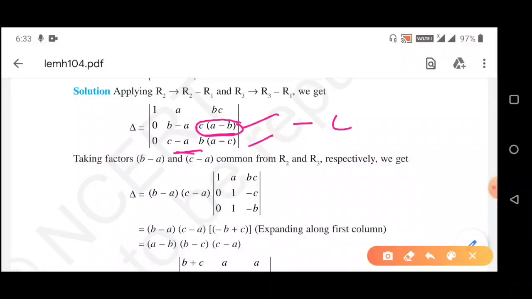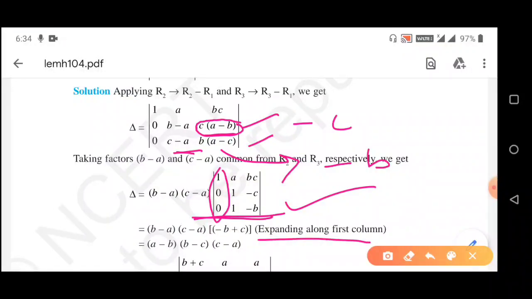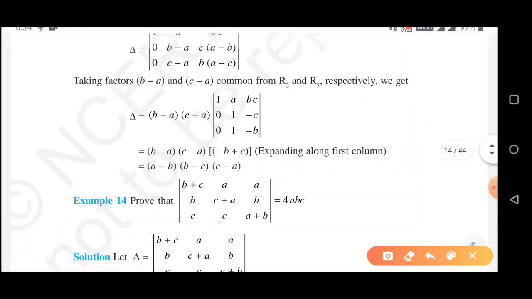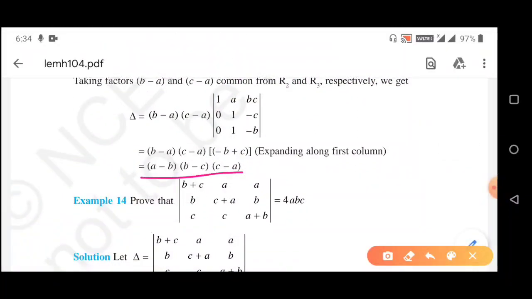If we take out c minus a, then this element will become minus b. So this is the step. Now see, in this step we have two zeros in column 1. So we will expand the determinant along column 1. After expanding, this will be our answer.